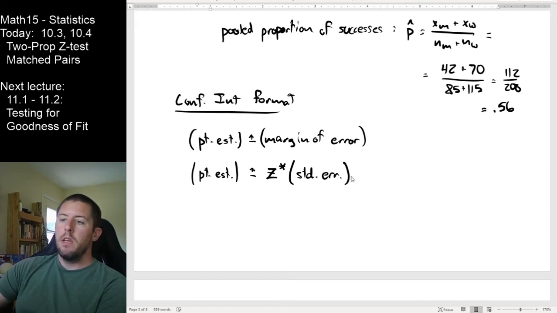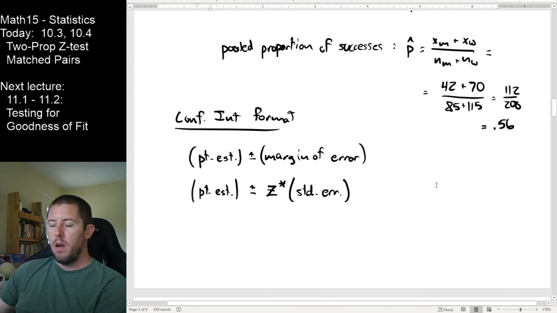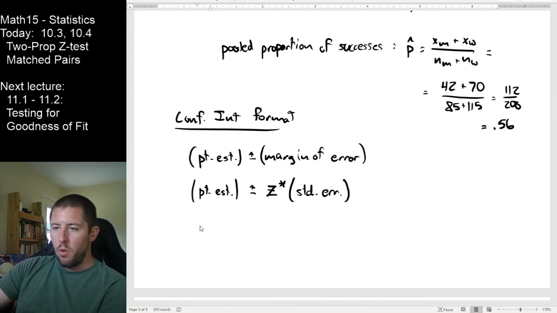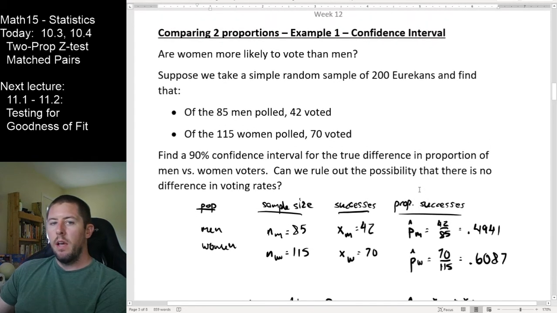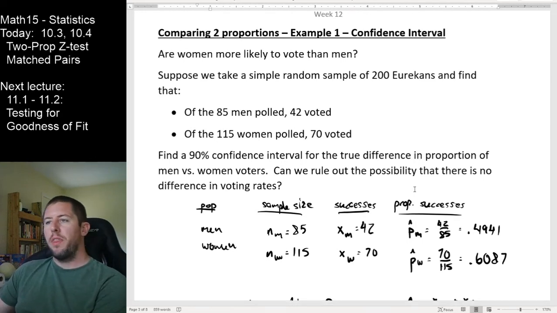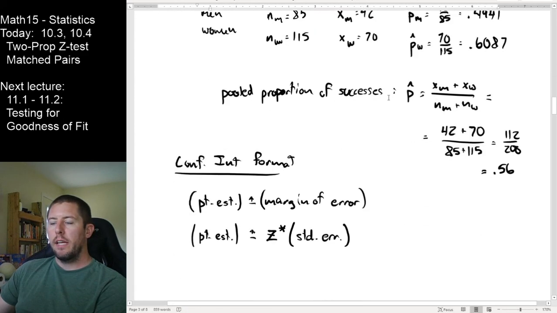So our point estimate for the true difference in proportion of voters is going to be our sample difference in proportion of voters. By the way, let me go back up and reread the question real quick. The question is asking, are women more likely to vote than men? That indicates the order I want to perform the subtraction for this comparison. It seems to suggest that women are more likely to vote than men.